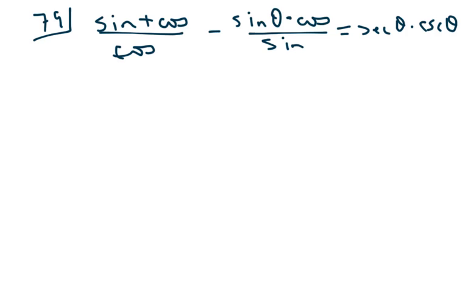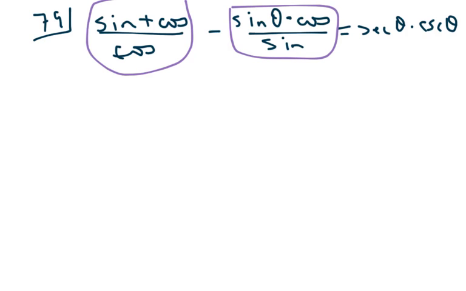Okay, and the last one is 79. The way I'm going to handle this one is I'm going to put cosine under each term. So I'm going to rewrite this one.